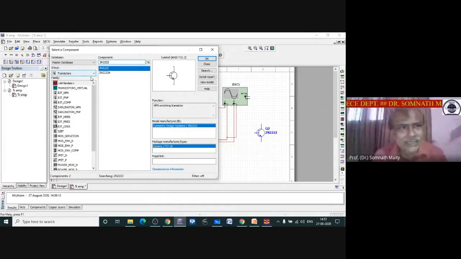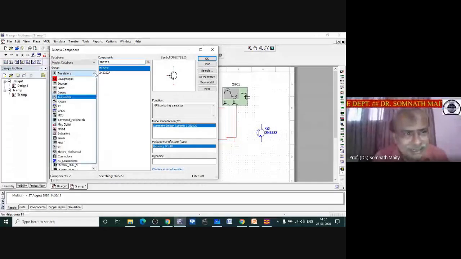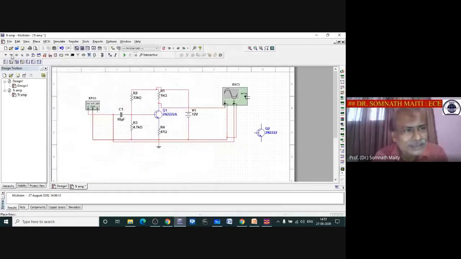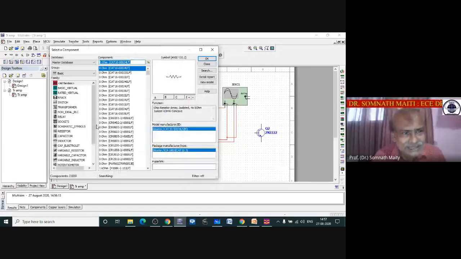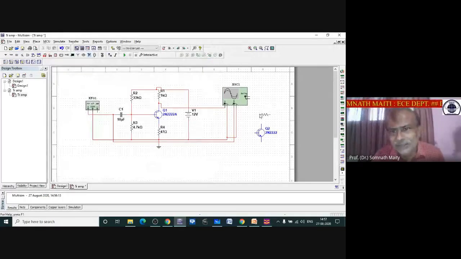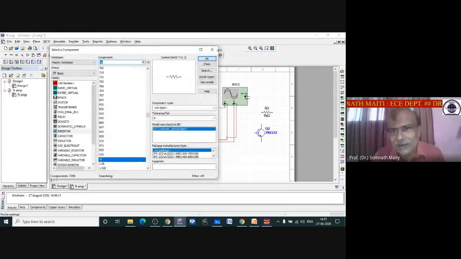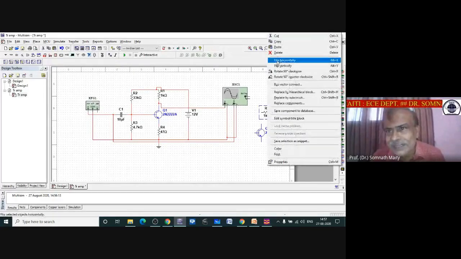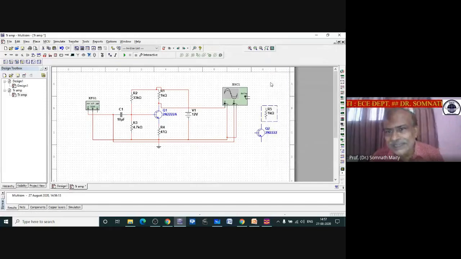Now you choose a resistor. Resistor is under basic. You can choose it from here. So basic resistor, now you choose 1K. So it will be like this. Now you want to connect it with this. Make it vertical: right click, rotate 90 degrees.